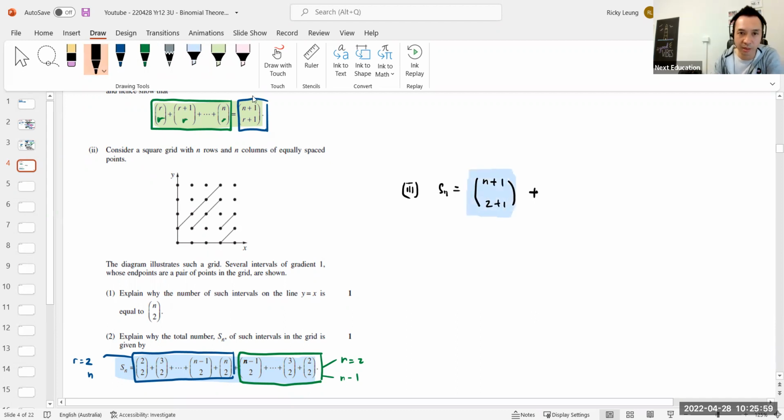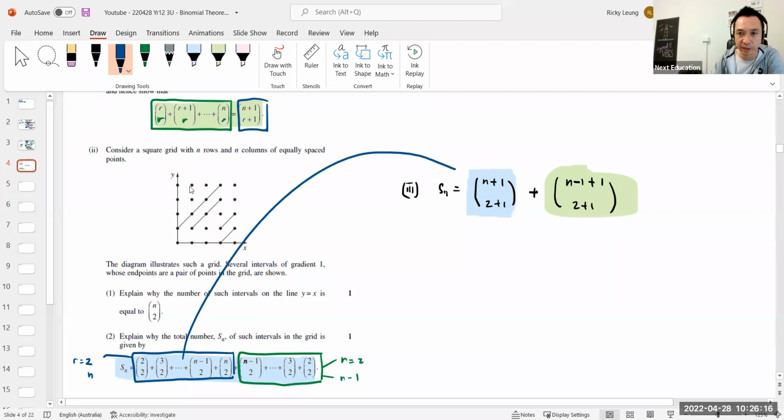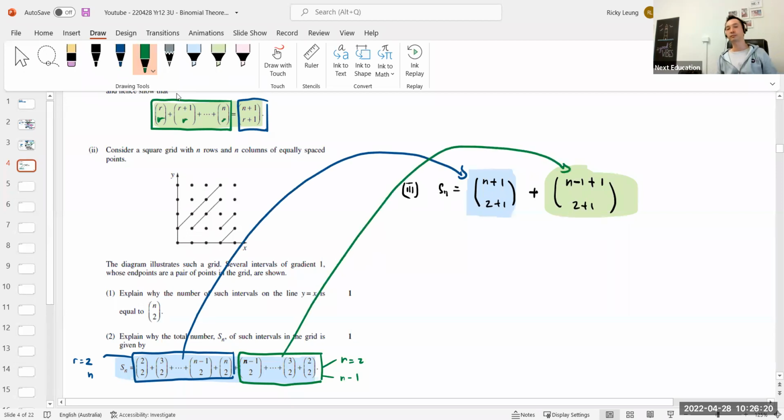And now for the green part, I'm going to sub in n minus 1. So n minus 1 plus 1, that's n, and once again, 2 plus 1. So just to be clear, this bracket is this, using part 1's formula.